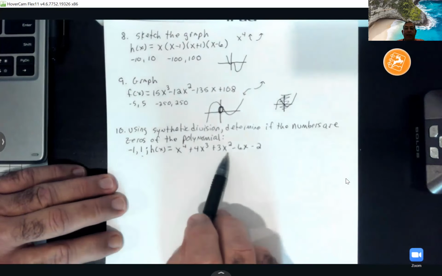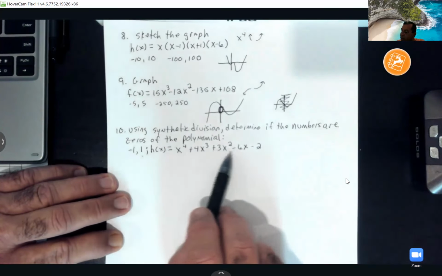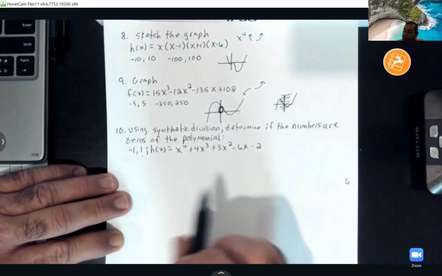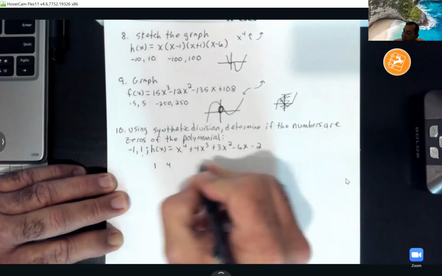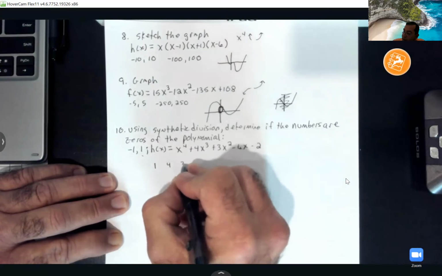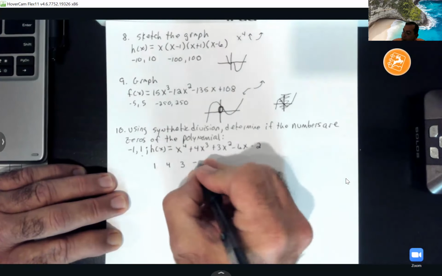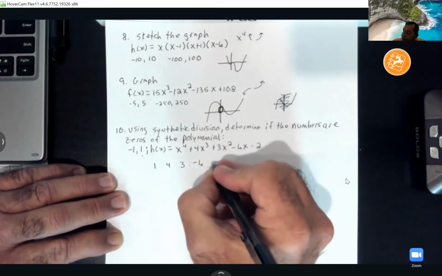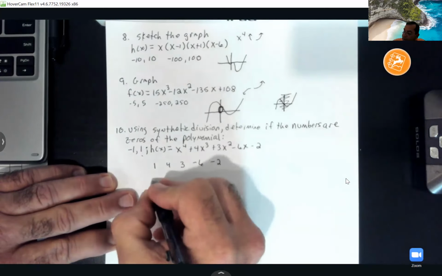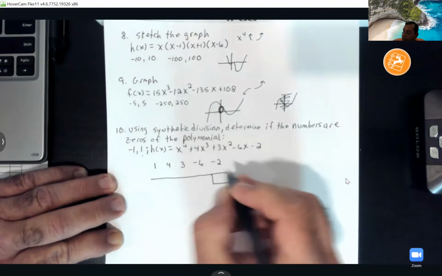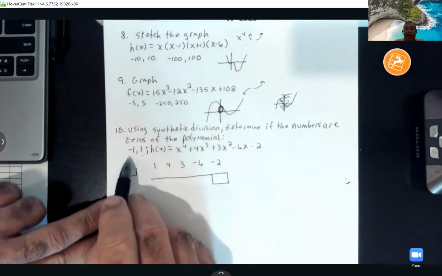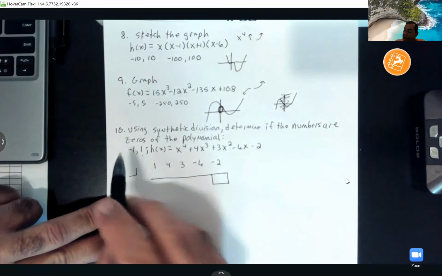So using synthetic division, we're going to write our coefficients down and nothing's missing. So the x to the 4th gives me a 1. I get a 4, a 3, a -6, and a -2. The first number I'm going to check, and you got to go in order, is that -1.